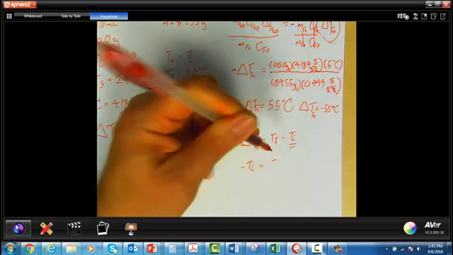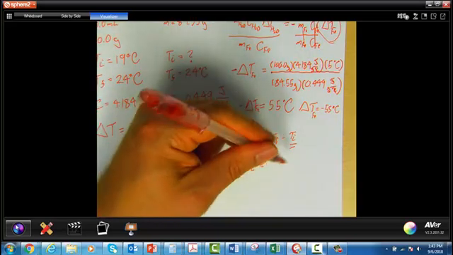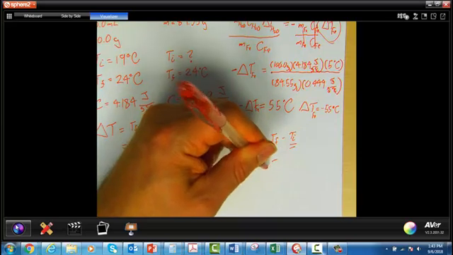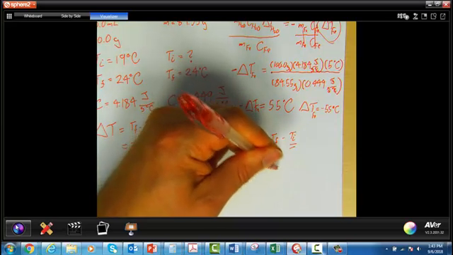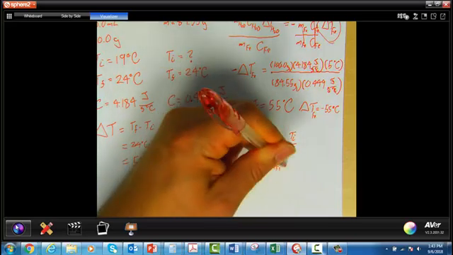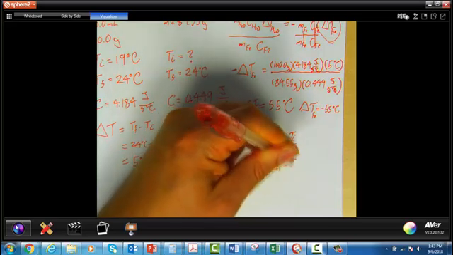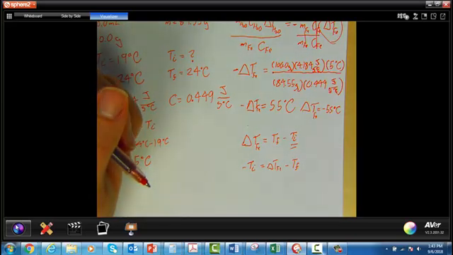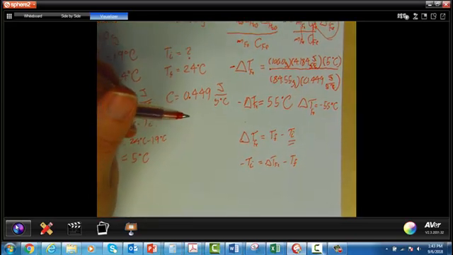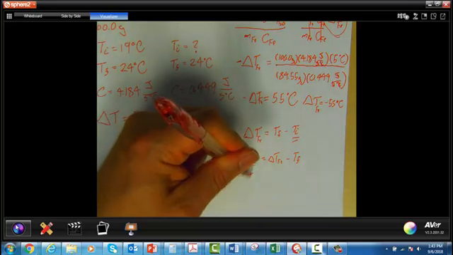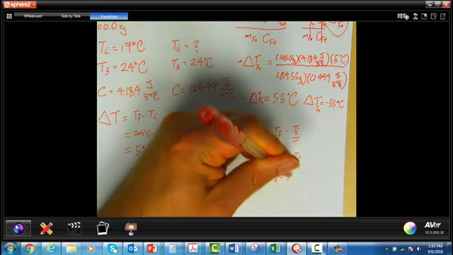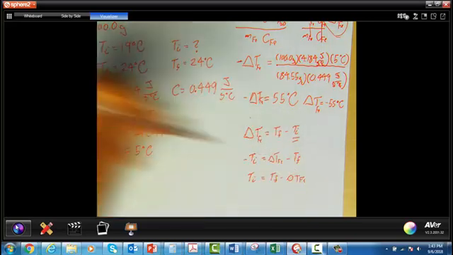So delta T of the iron minus the final temperature, and if we switch the signs there, so we have T initial is equal to T final minus delta T of the iron.